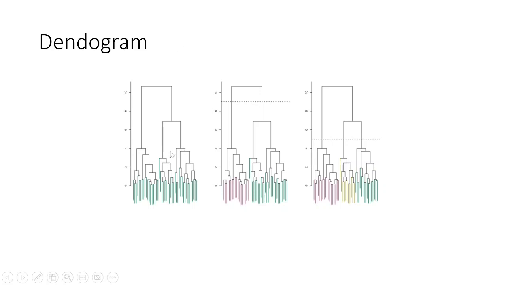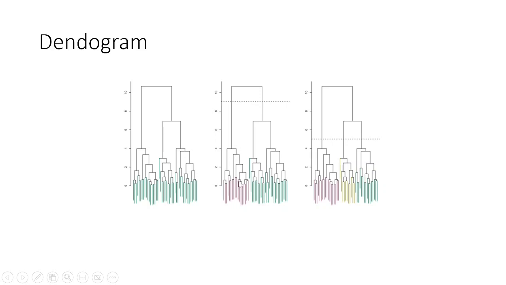For example, on the left-hand side you do not have any cutoff value, so all of the observations belong to one group. But if you cut off at around 9 here, so you can see the dash line here, it intercepts with 2 lines, so that means that you have 2 groups.